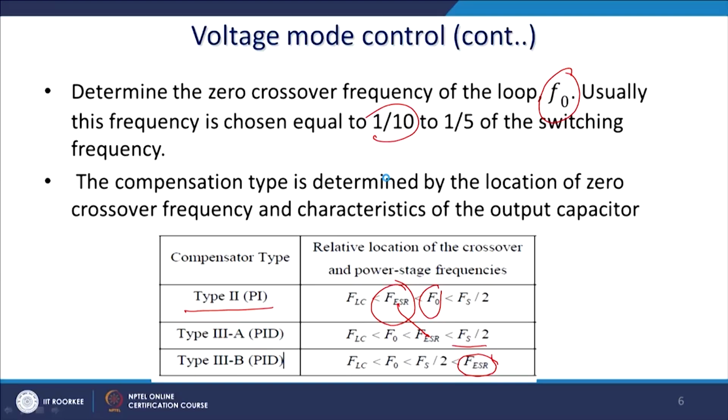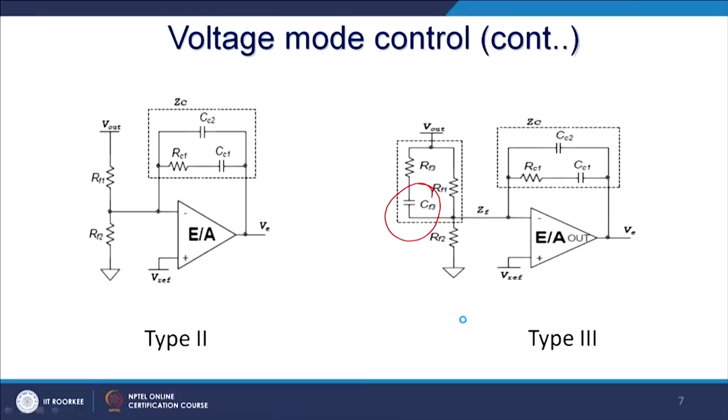In type 2, you require FLC to be less than FESR, which is less than the cutoff frequency, and thereafter less than the switching frequency. So, this is the case, and this is the type 3 circuit, which is basically a PID controller.